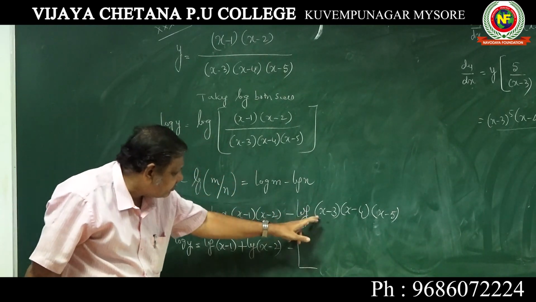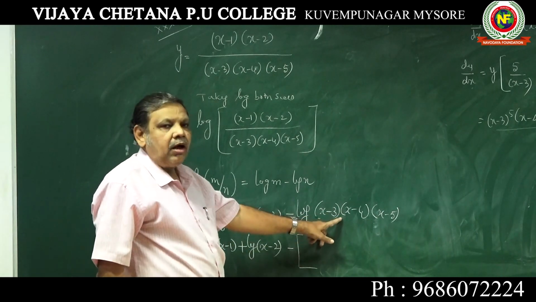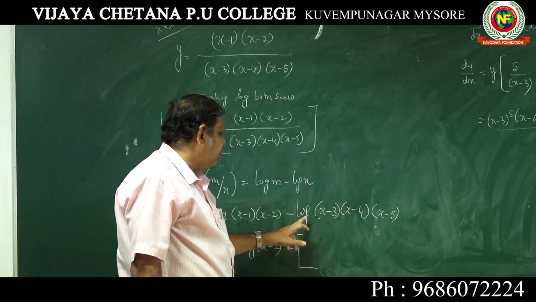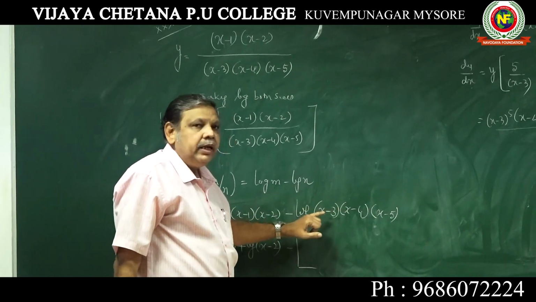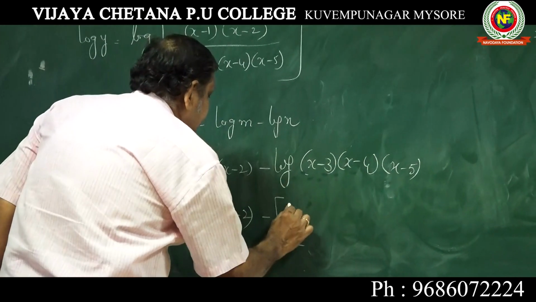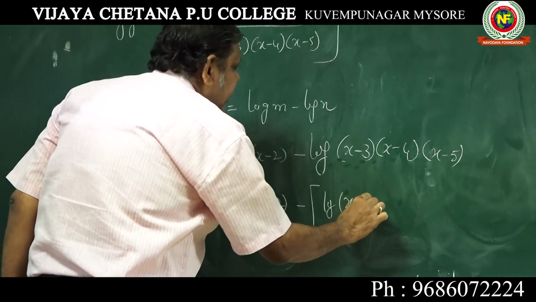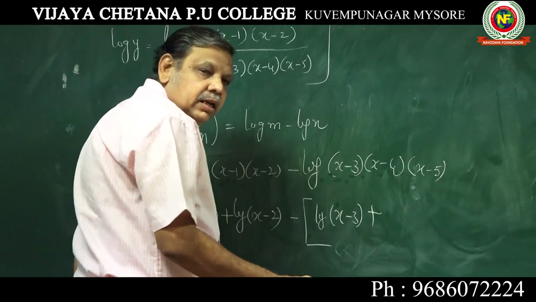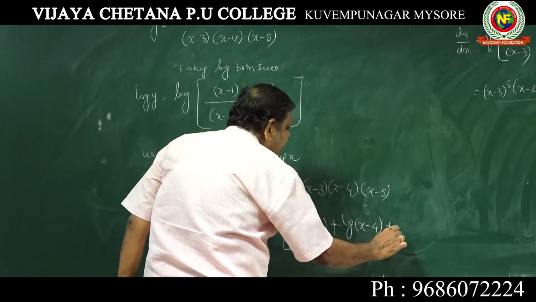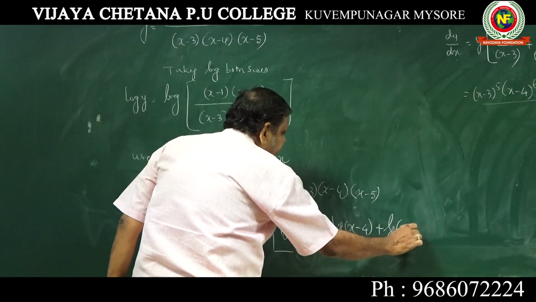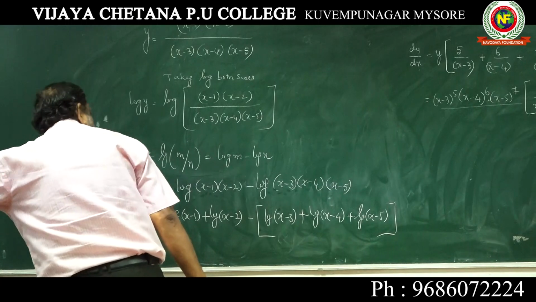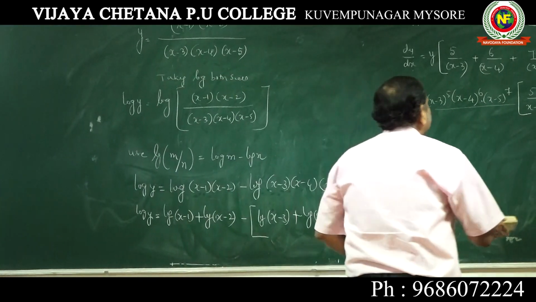Here it is log of x minus 3 plus log of x minus 4 plus log of x minus 5. You should note here log m n p is log m plus log n plus log p.